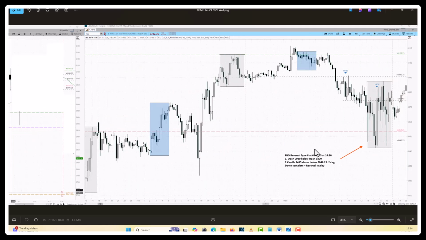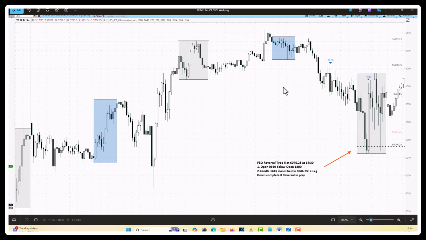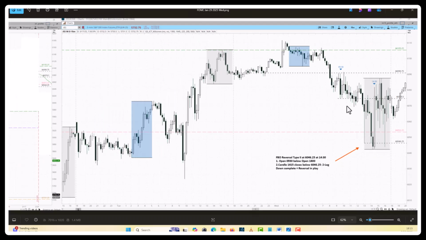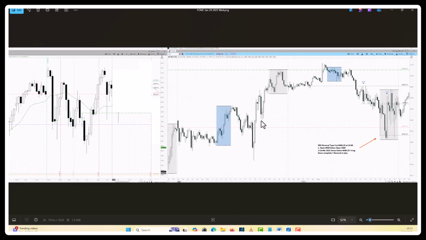So let's see what we have. By the time it opened at 9:30, it had already broken down to the open at 18 right there. So it tells us it's going to be a down close, but it's not an expansion day at all. You see that it's a test from above day right there.